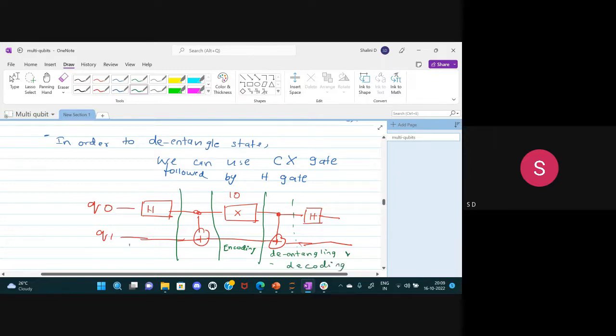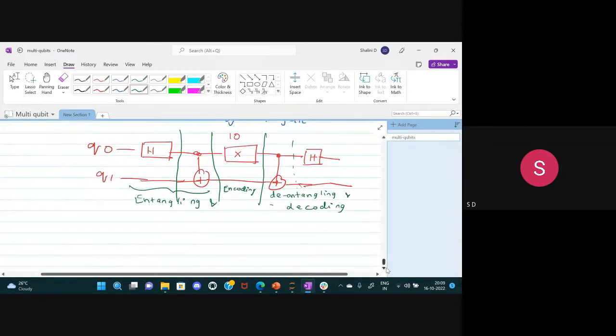This part is entangling and encoding, and then this is de-entangling and decoding. Okay. So this is how the circuit looks like.